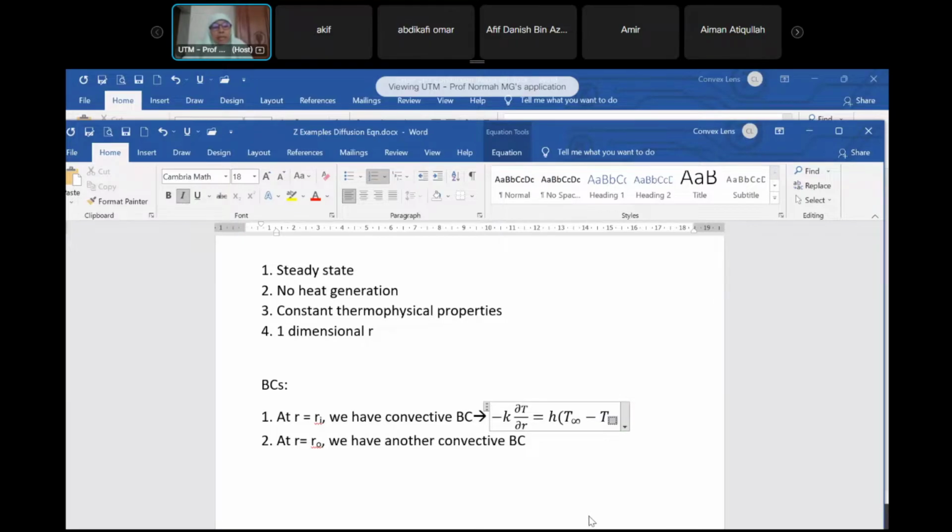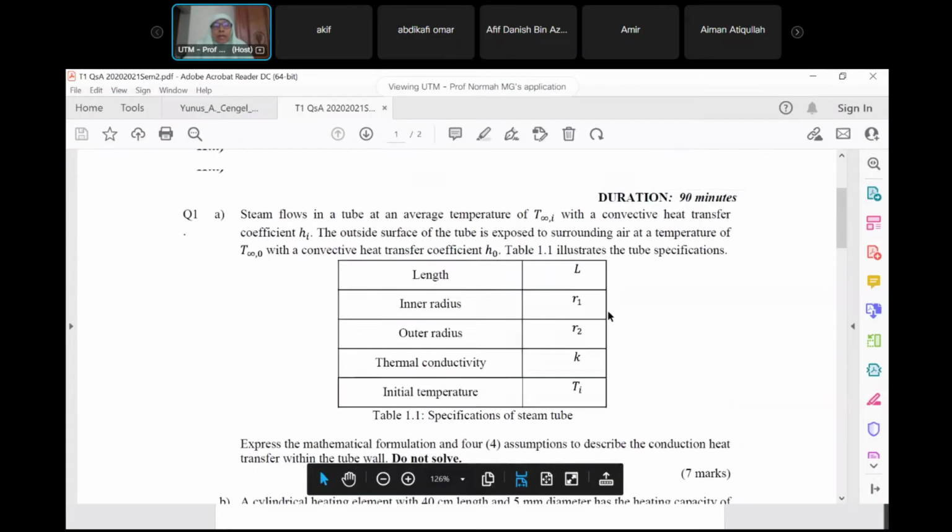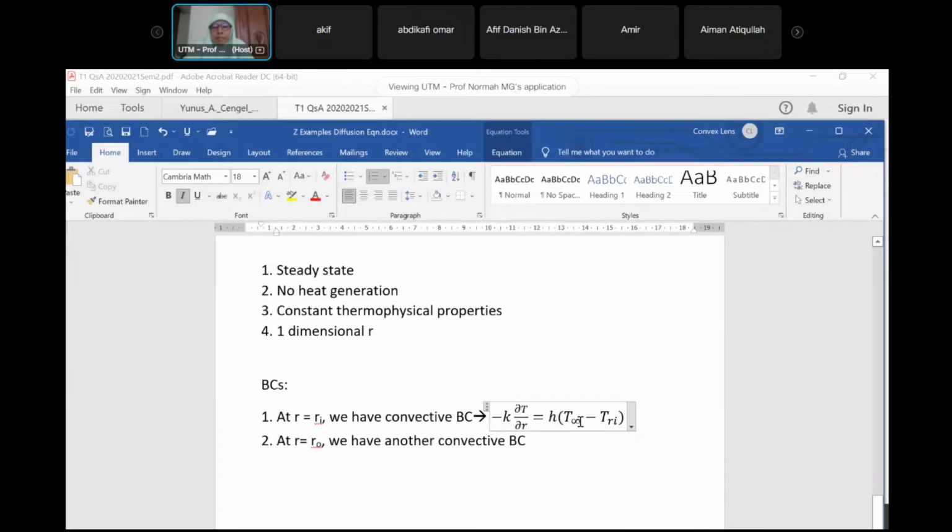T at Ri, inner. The boundary condition given must be specific, so you have to name it T infinity inside.